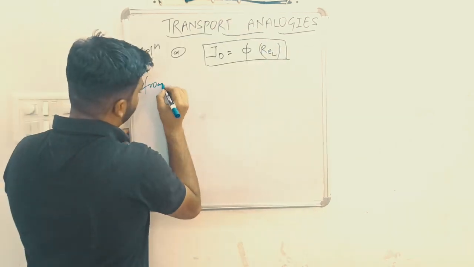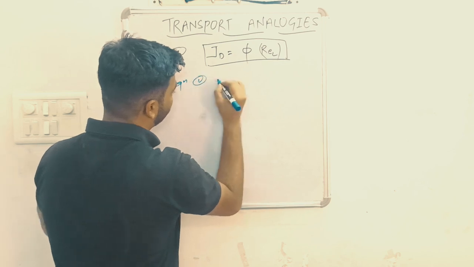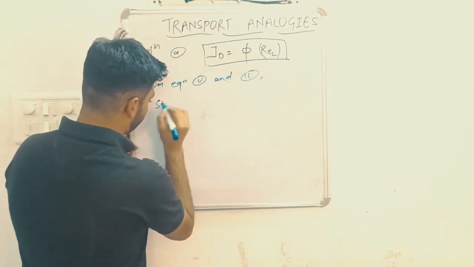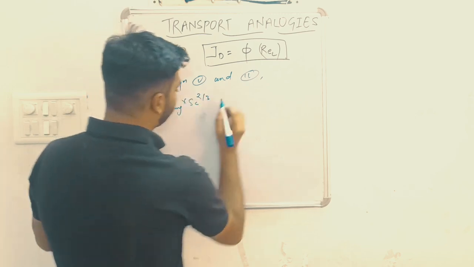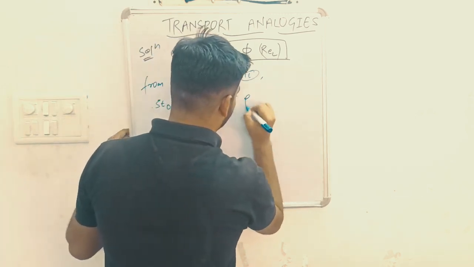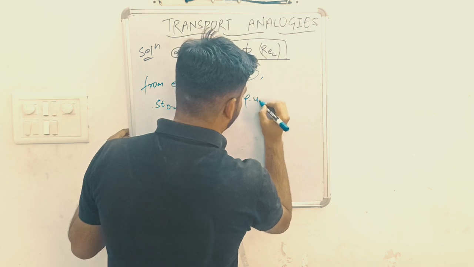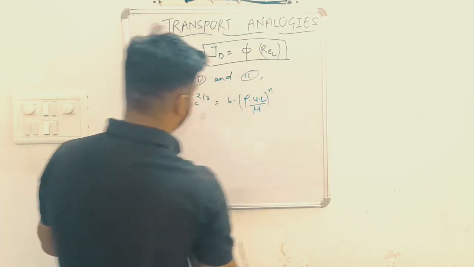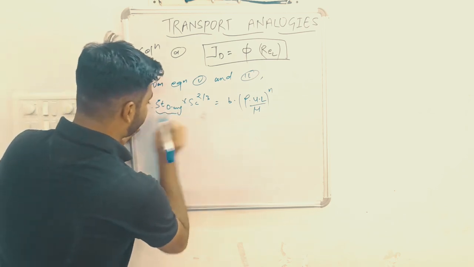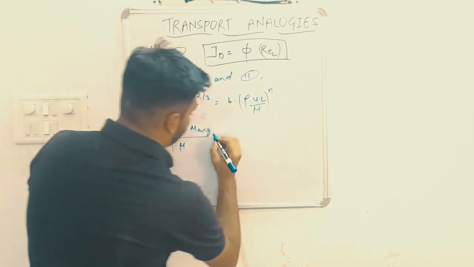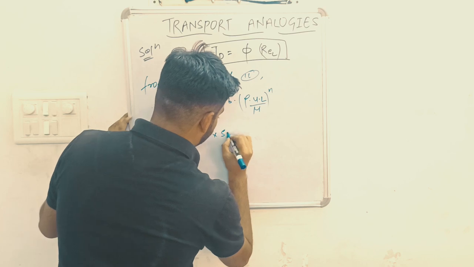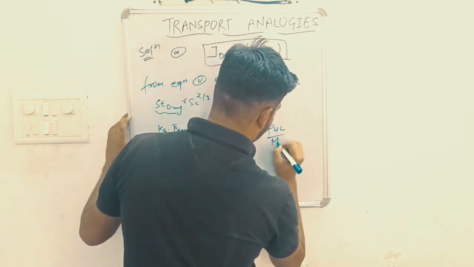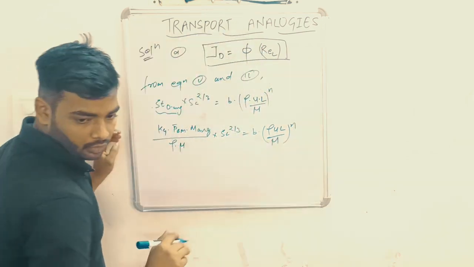Now from equation 1 and 2, we have Stanton number into Schmidt number power 2 by 3 is equal to V into rho u L upon mu power n. Substituting the value of density into viscosity into Schmidt number, rho u L upon mu power n.